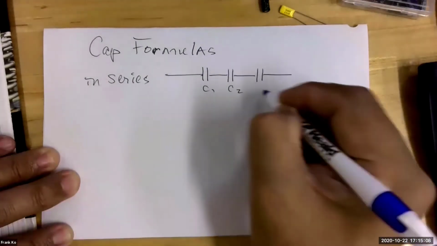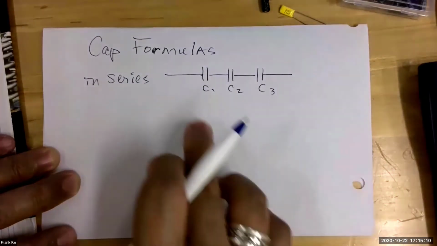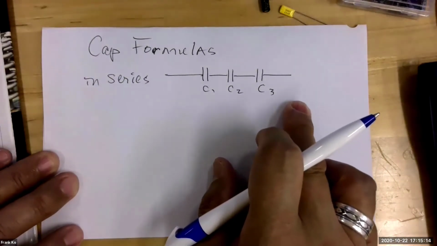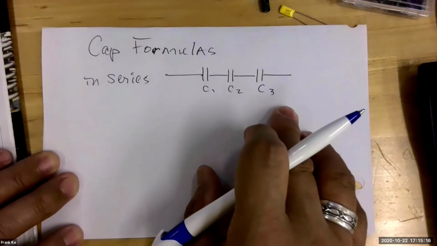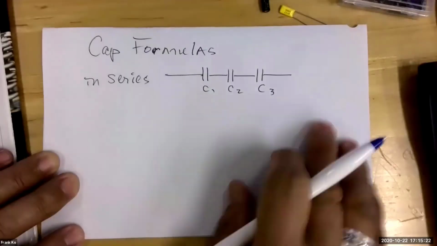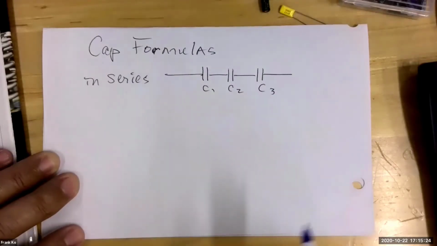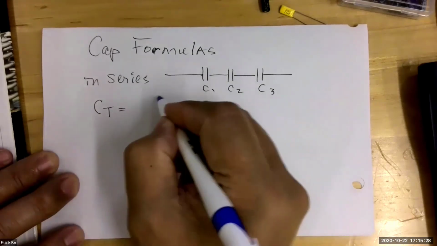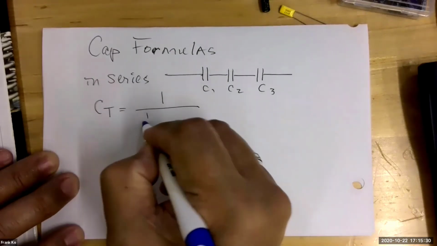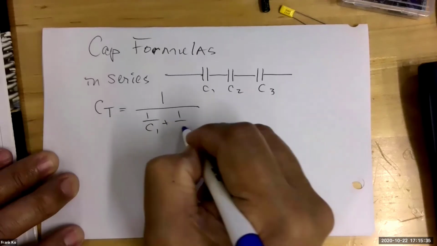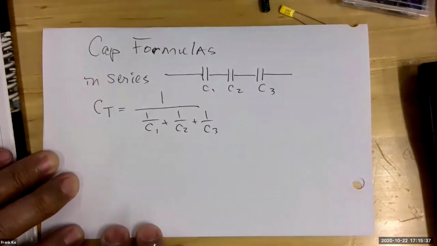C1, C2, C3. If these were resistors, how would we calculate R total if they were resistors in series? The math would be what? Sum. In capacitors, they work exactly opposite of resistors. My CT in series is a reciprocal formula. 1 over C1 plus 1 over C2 plus 1 over C3.